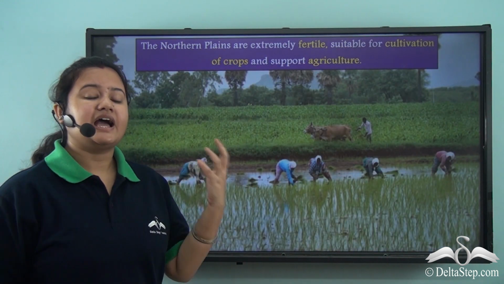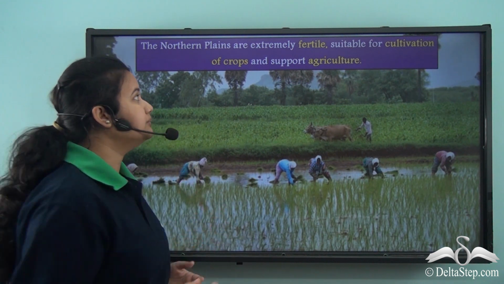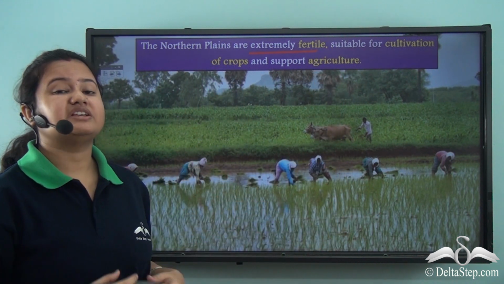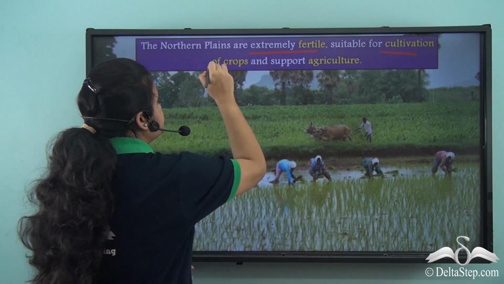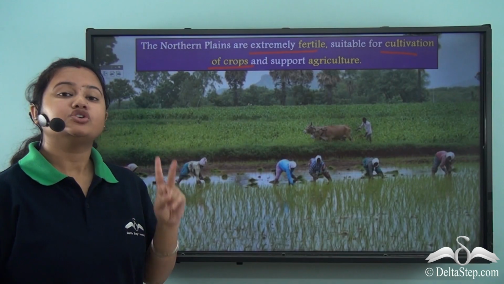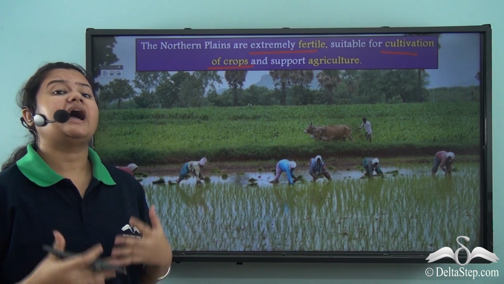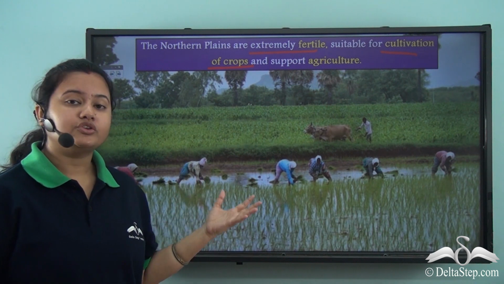Also, the silt and alluvium brought down by these rivers make northern plains extremely fertile, and hence this region is very suitable for cultivation of crops. In fact, two main crops, that is rice and wheat, that form an important part of our diet come from the northern plains.